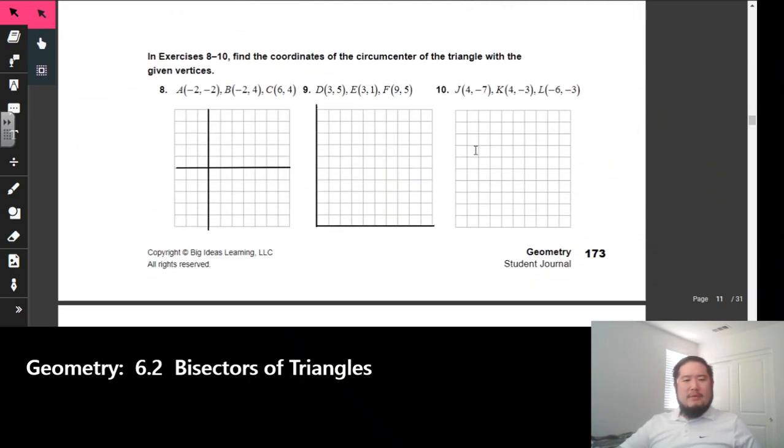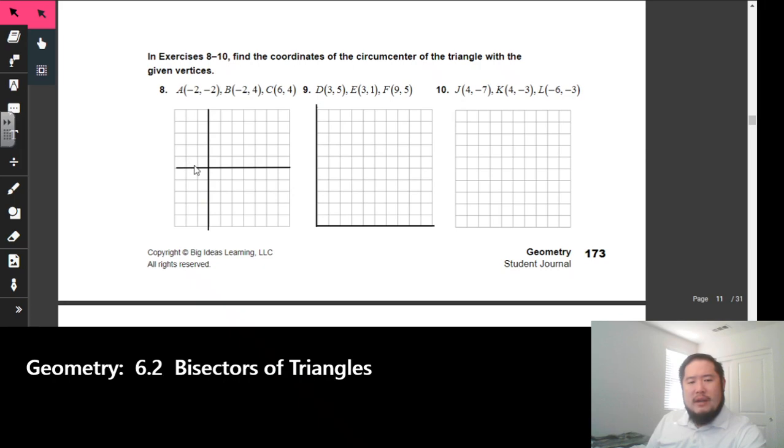Lastly, let's take a look at number 8. We want to find the coordinates of the circumcenter of the triangle with the given vertices. Remember, to find the circumcenter, well, what does circumcenter mean? We've got perpendicular bisectors. If a triangle has sides that are horizontal and vertical, it makes things so much easier because then you can count where the middle is of each side.